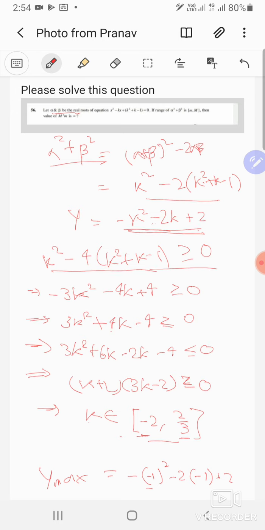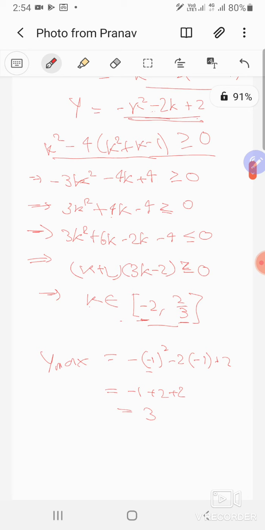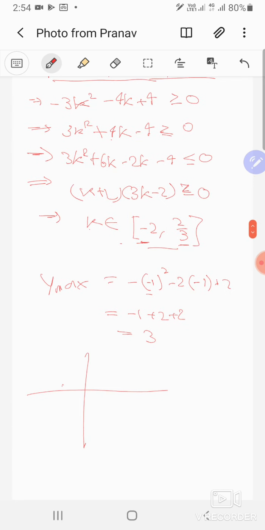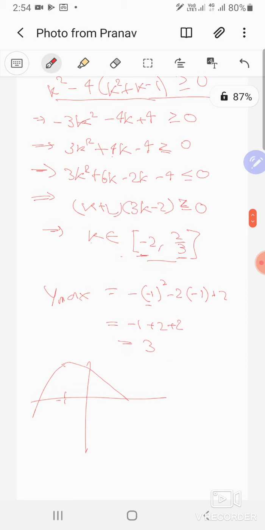Actually, we should instead be graphing this function. You got the maximum value at minus 1, and then you are going to go down something like that. Somewhere over there it's going to be 2 by 3 and minus 2. Let's just see what happens.